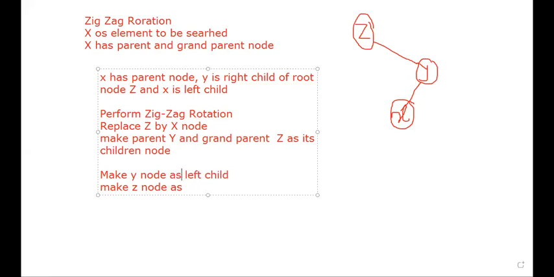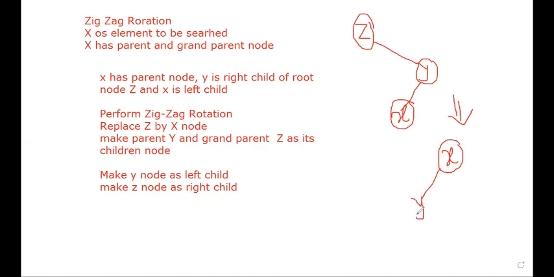These are the steps to be followed in the zagzig rotation. So X is replacing Z, so it becomes the root node, Y becomes the left side node, and Z becomes the right side node.